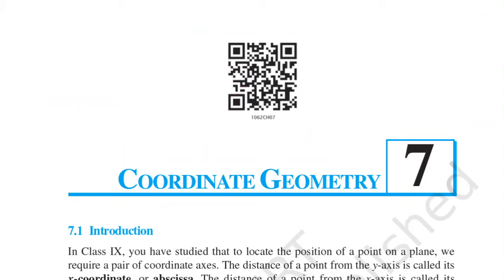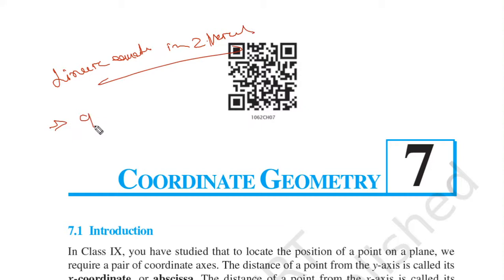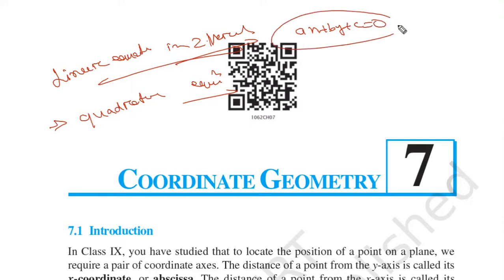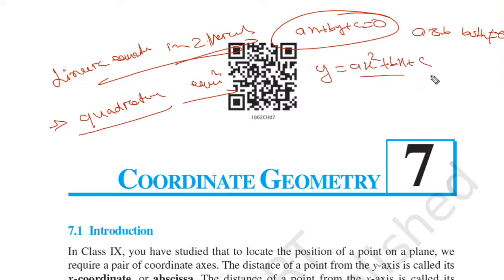Then in this year also we had discussed linear equations in two variables, and quadratic equations. In a linear equation the form was ax + by + c = 0, where a and b are both not equal to 0. And in a quadratic equation the general form was y = ax² + bx + c.